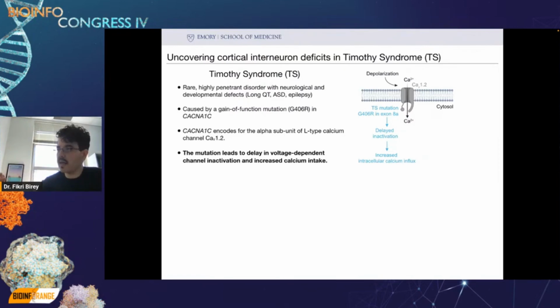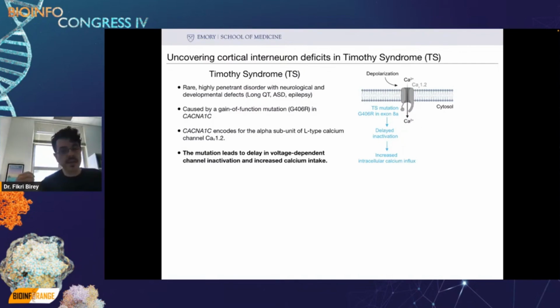This is a rare, highly penetrant neurodevelopmental disorder, penetrant meaning that once you have the mutation, an overwhelming majority of the individuals that have the mutation will actually present with clinical symptoms. That's what highly penetrant means here. And it's very rare.